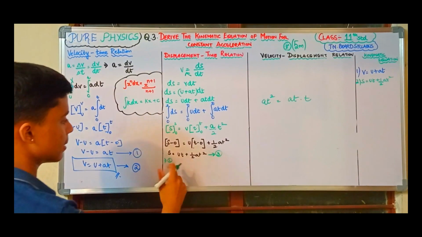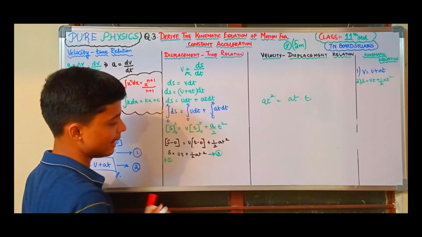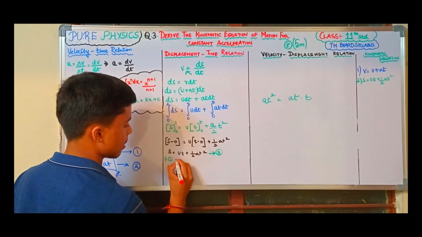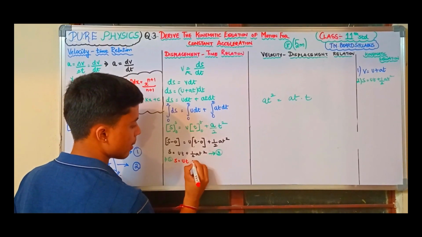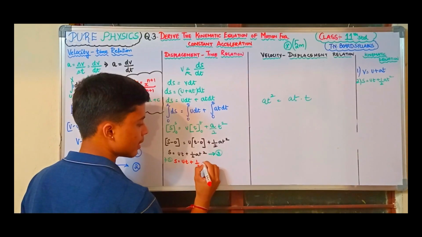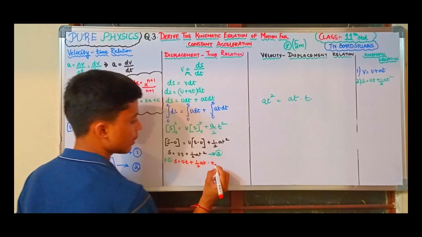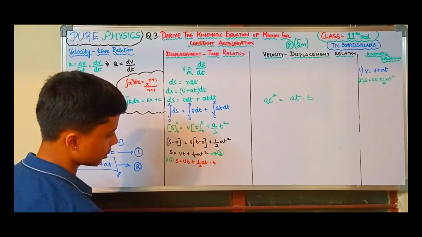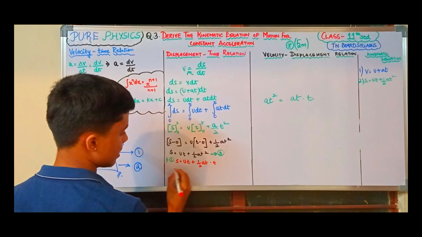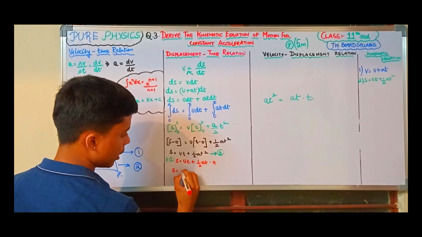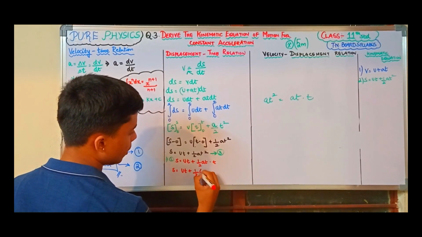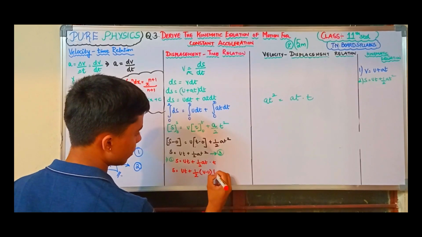So I'm going to separate that at square into at into t. So I'll write s is equal to ut plus half at into t. Now in the place of at, I'm going to substitute v minus u. So after substitution, s is equal to ut plus half into v minus u into t.